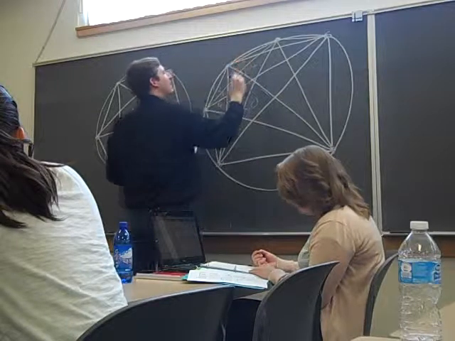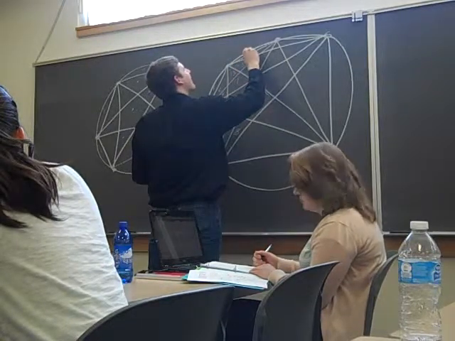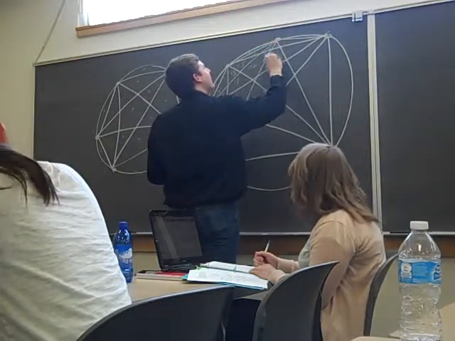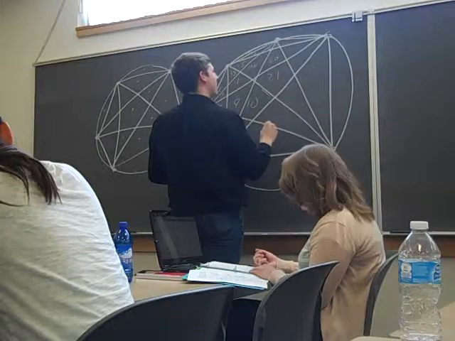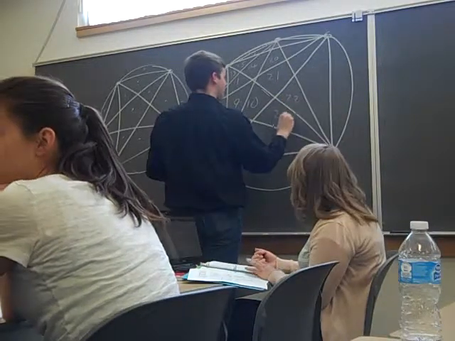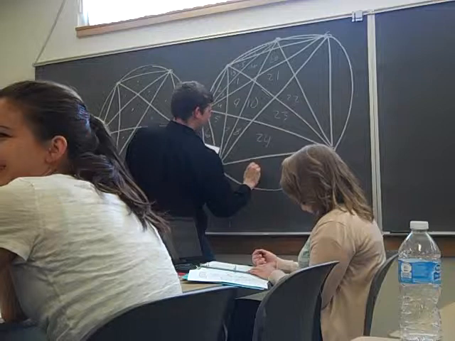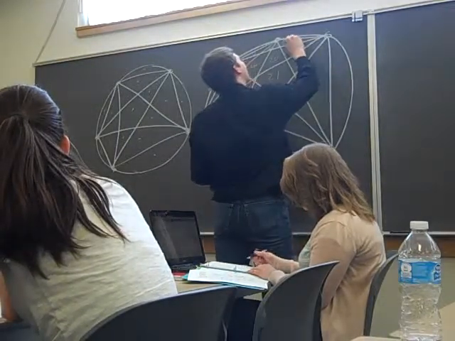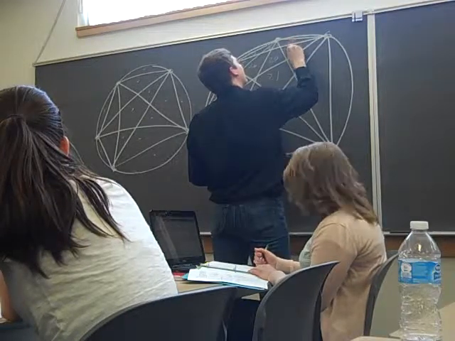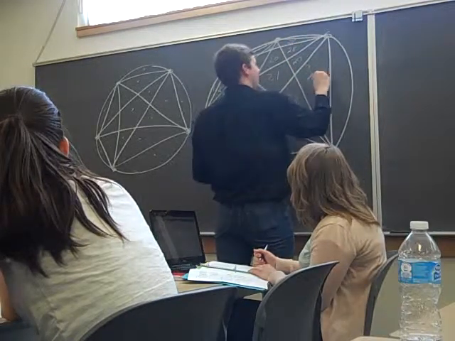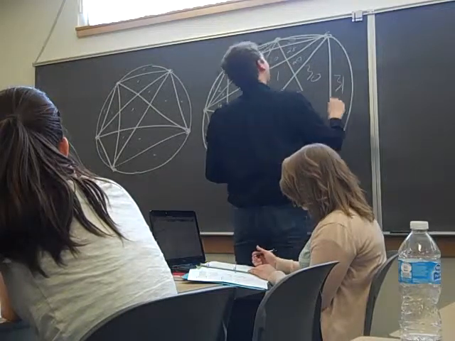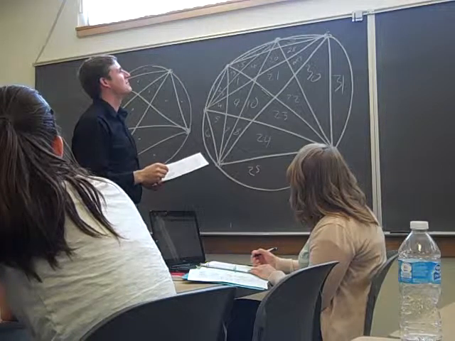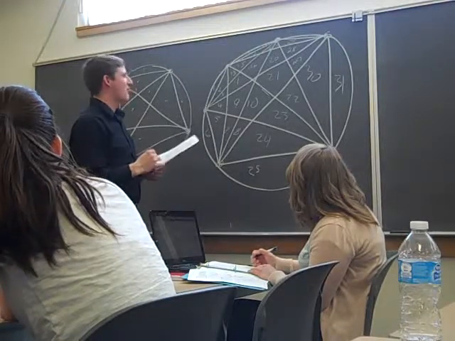Got some little teeny regions here. 16, 17, 18, 19, 20, 21, 22, 23, 24, 25, 26, 27, 28, 29, 30. Now I'm feeling bad. I'm missing one. Every time I did it, I was missing one. I just did it again and I was missing one.